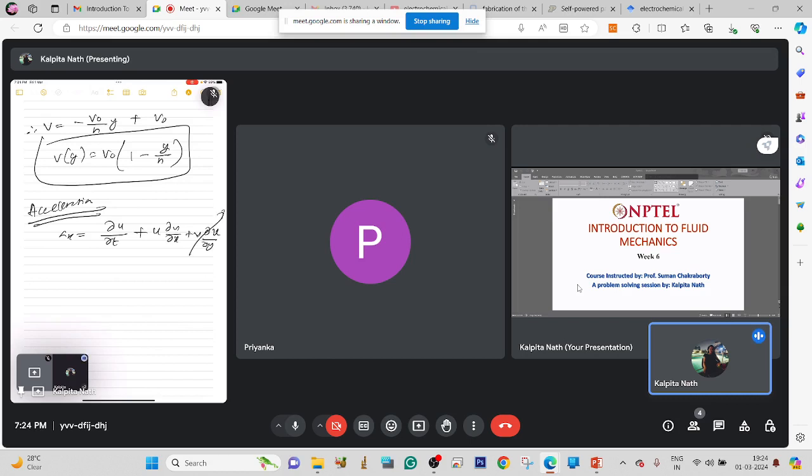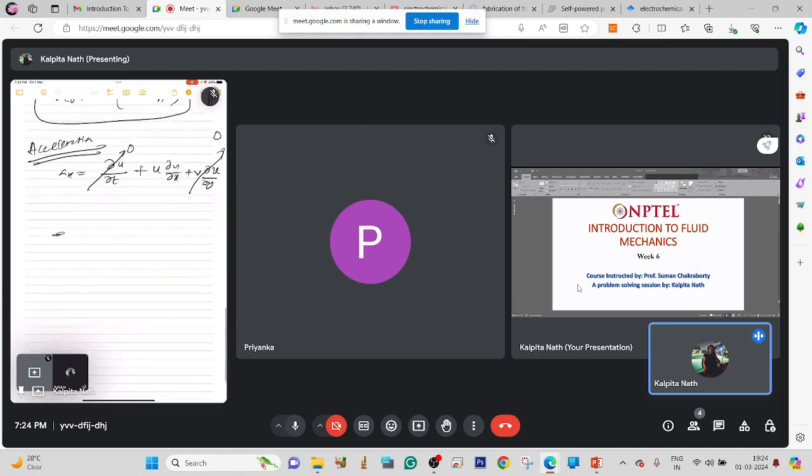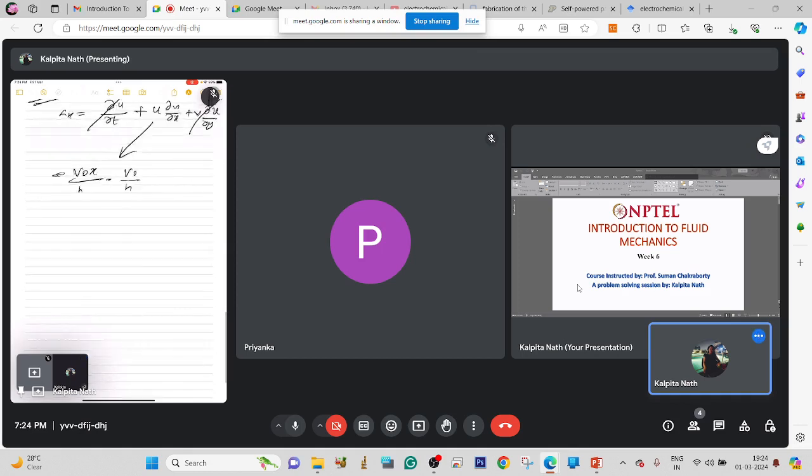Obviously there is no velocity variation along the y direction, so this will be 0, and there is no temporal variation, so this will be 0. So only this part will be there. So this is v naught x upon h multiplied by v naught upon h, so this is v naught square x upon h square.